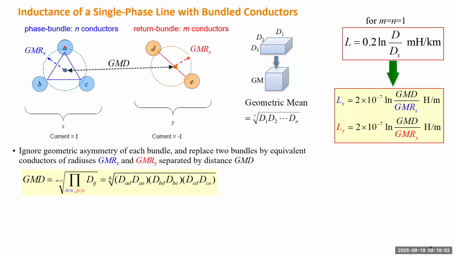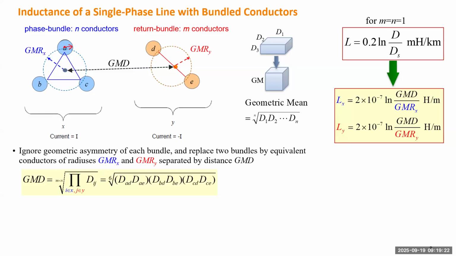So this is the center. We need to consider the radius of conductor A, because if there's a center, we take any point inside this group, the distance to the center, and we count all possibilities to calculate the average; that will be the geometric mean radius.